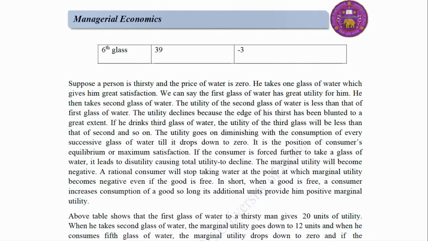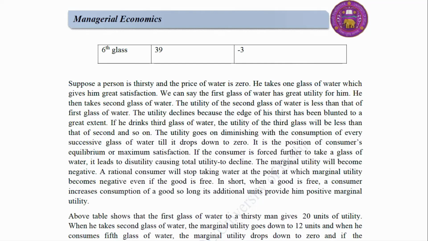If he drinks a third glass of water, the utility of the third glass will be less than that of the second, and so on. The utility goes on diminishing with the consumption of every successive glass of water till it drops down to 0. It is the position of consumer's equilibrium or maximum satisfaction. If the consumer is forced further to take a glass of water, it leads to disutility, causing total utility to decline.